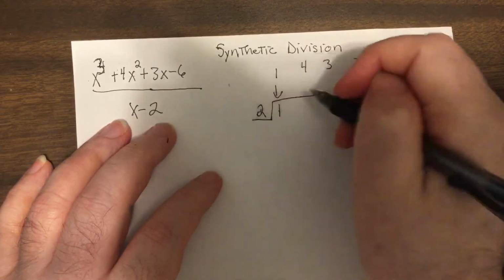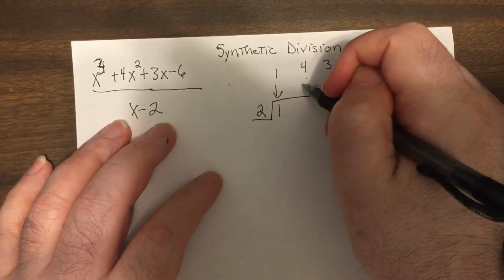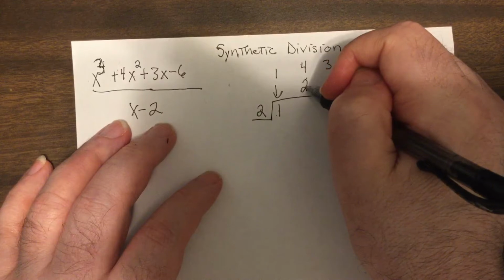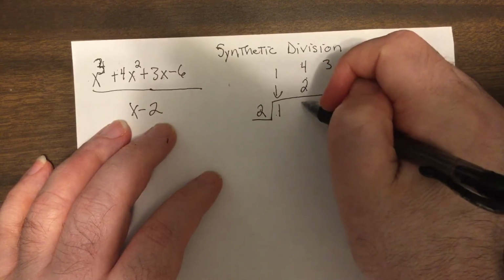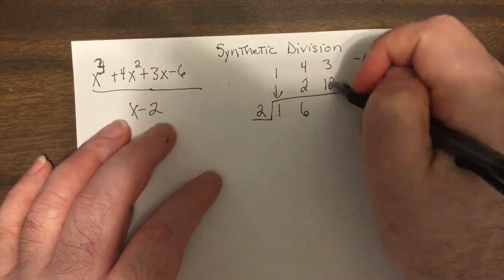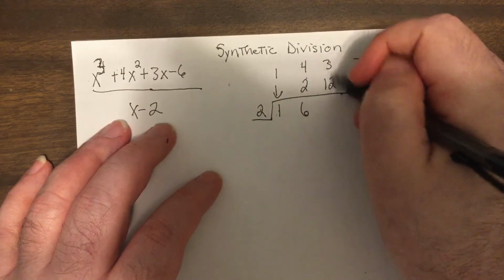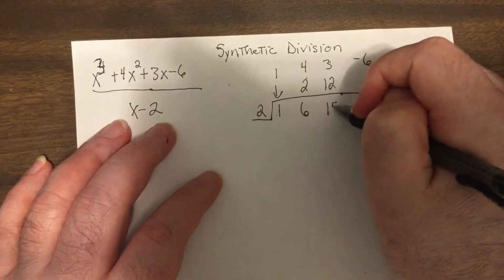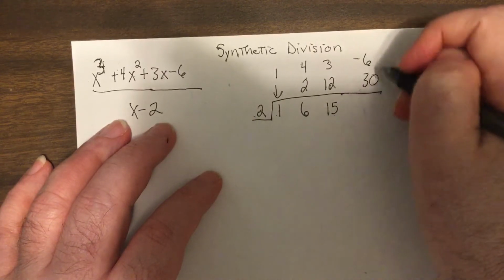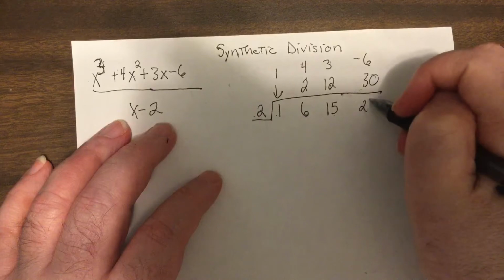Multiply the two numbers, then add to the next term. So 2 times 1 is 2, then 4 plus 2 is 6, bring it down. Multiply, add. 2 times 6 is 12, 3 plus 12 is 15, 2 times 15 is 30, add it, and bring it down as 24.